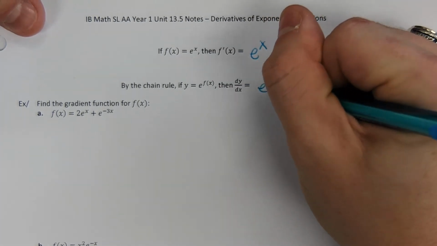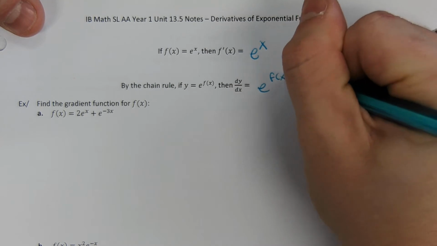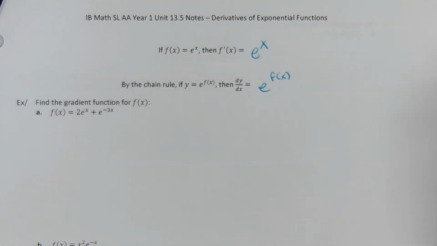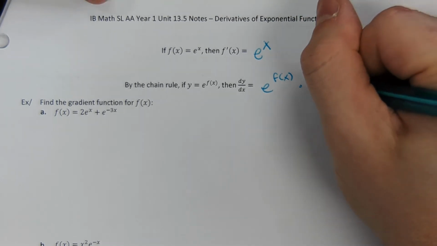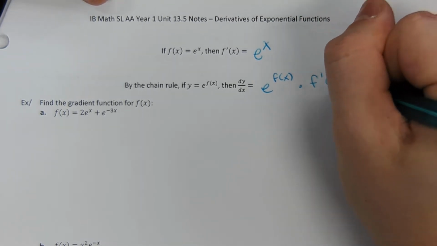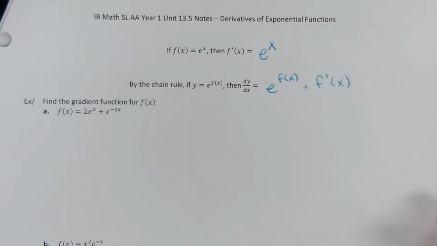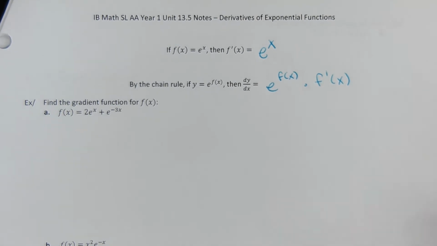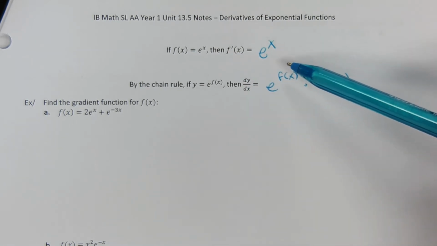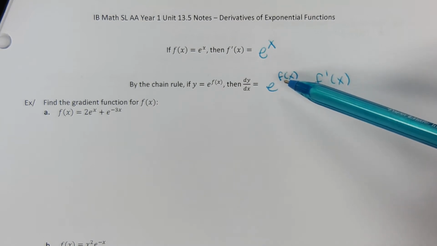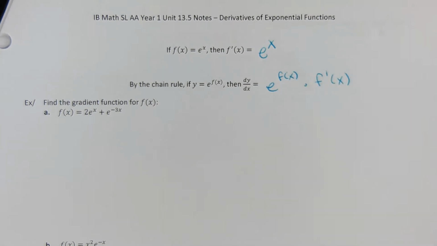So you would say e to the, and don't touch its inside, basically the exponent acts as its inside, times the derivative of its exponent. Just like that. And of course you'll see that happening in the notes. Since it is its own derivative, the derivative of e to the anything is write the original function, multiply by the derivative of the exponent. There you go.